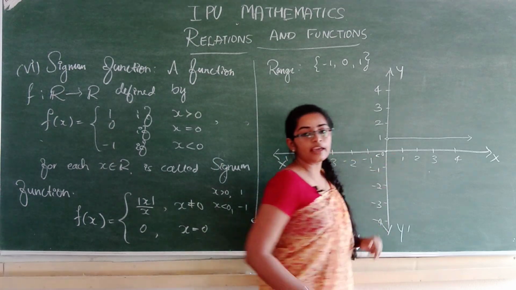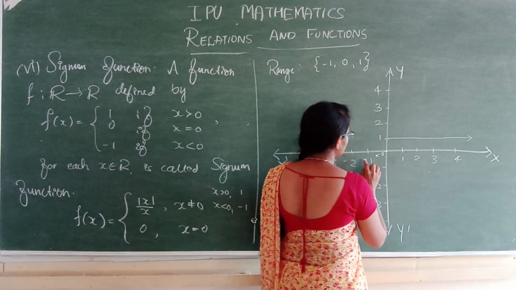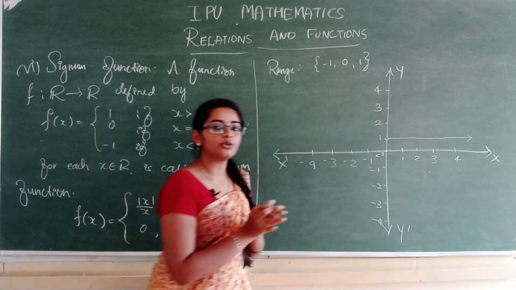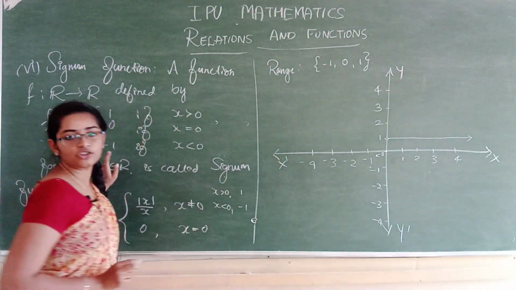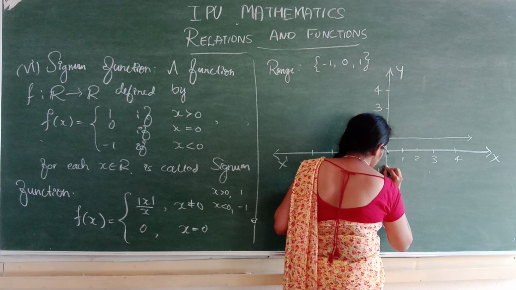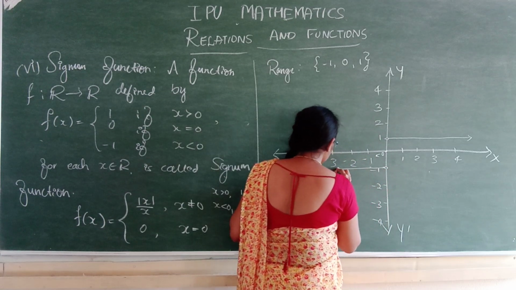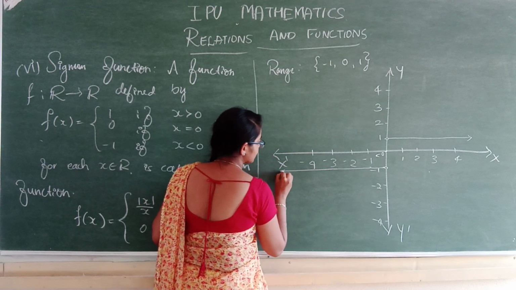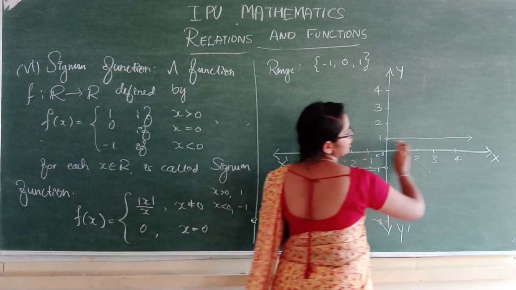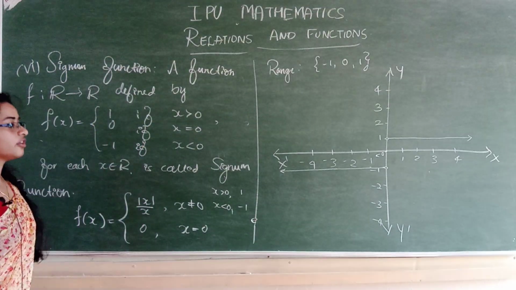What if my x is equal to minus 0.5? Then also my f of x would be equal to minus 1, by the definition. So here I'll get a break, and from here onwards I'll get a straight line parallel to the x-axis. This will continue. This is the graph of the signum function.